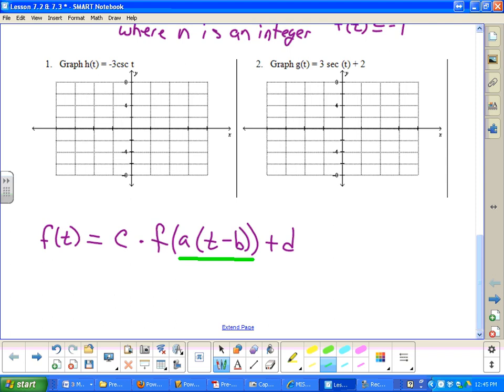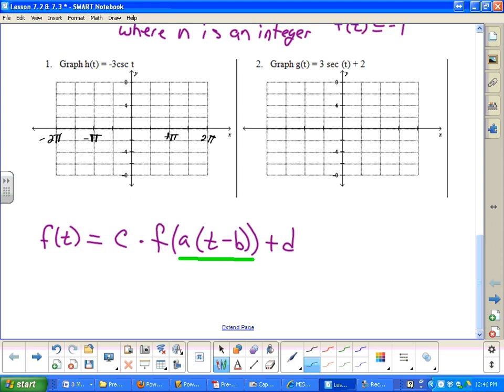So, first of all, let's set this up. We're going to go from negative 2 pi to 2 pi. So we've got negative pi here, 2 pi there. Oops, that's positive pi. Negative pi here, and negative 2 pi over there. Now, cosecant is undefined when sine equals 0, right?